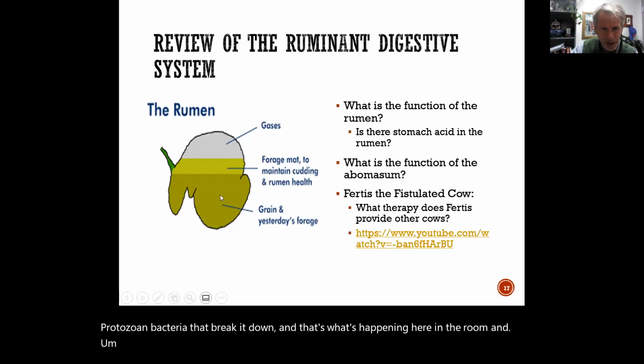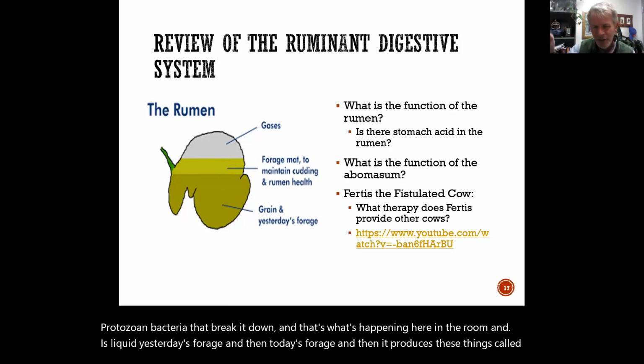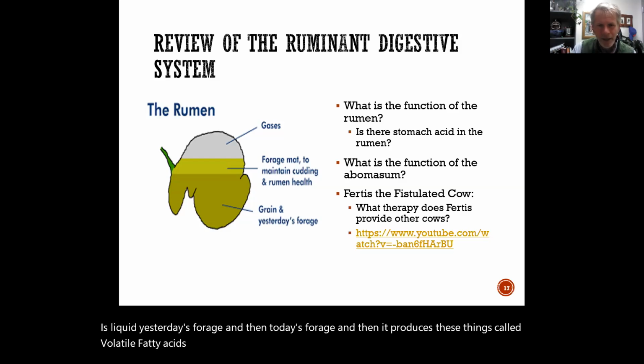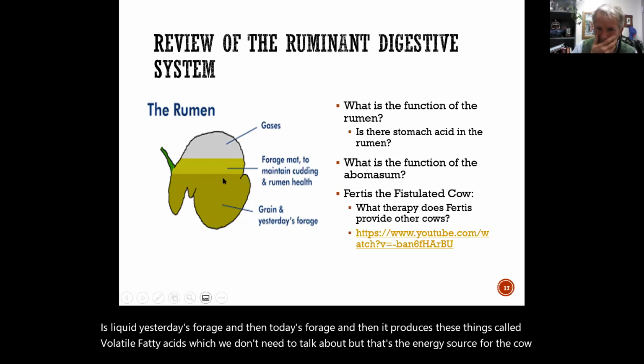There's liquid, yesterday's forage, and then today's forage, and then it produces these things called volatile fatty acids, which we don't need to talk about, but that's the energy source for the cow. Anyway, that's the rumen.